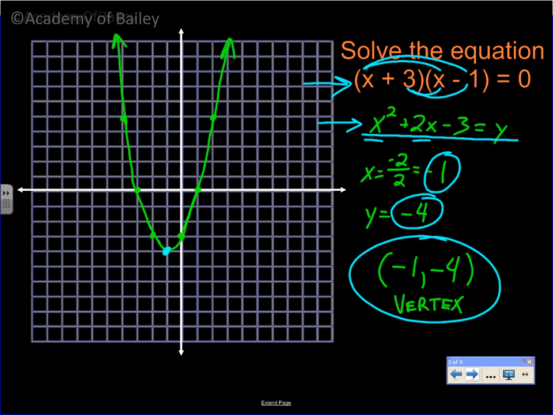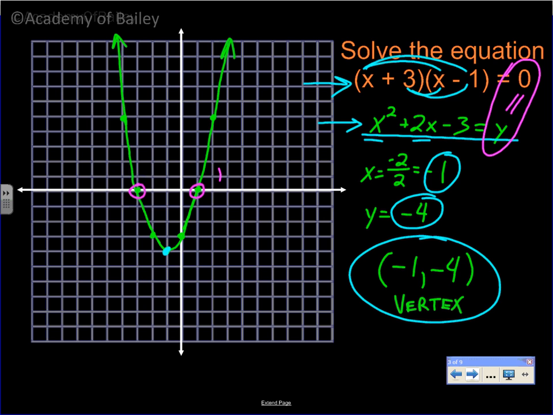What I want you to look at is this part right here. You see what I'm circling up there? I changed the 0 to a y. And now what we're going to be looking at on the graph is when y is equal to 0. y is equal to 0 at that point, and y is equal to 0 at that point. What are those values?